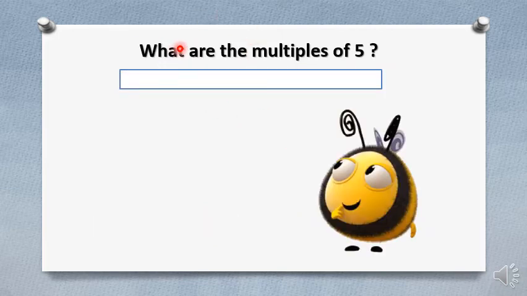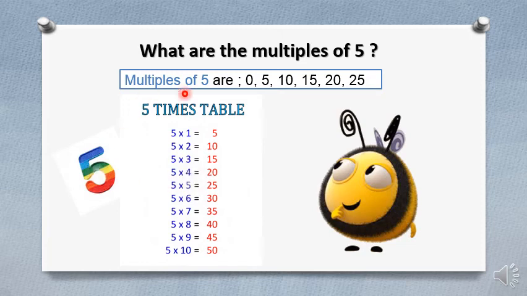Now, what are the multiples of 5? They are 0, 5, 10, 15, 20, and 25, which I get from the table of multiplication of 5. What do you notice about the multiples of 5? The multiples of 5 end with 0 or 5.